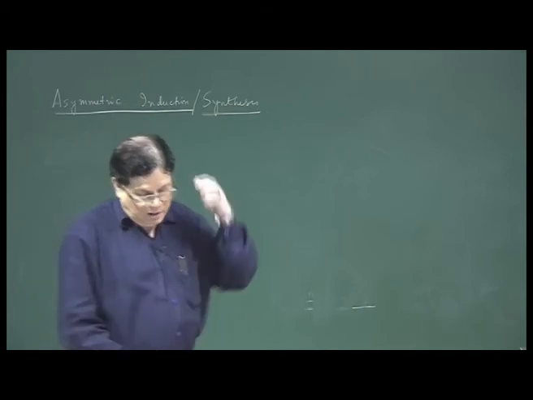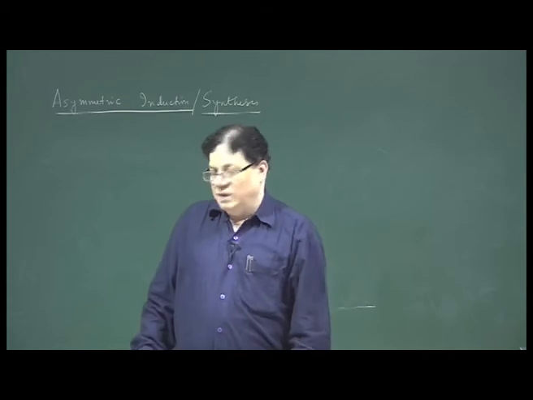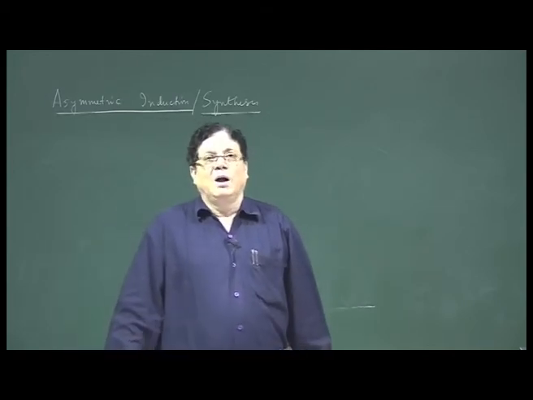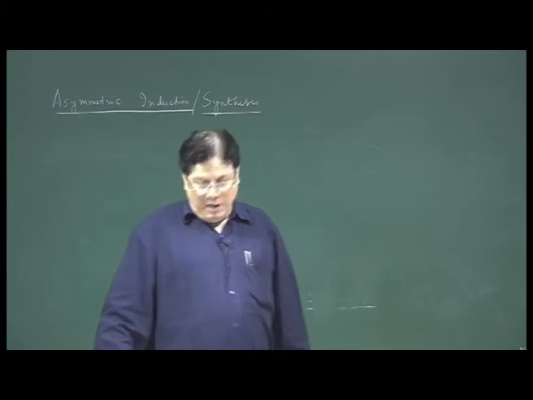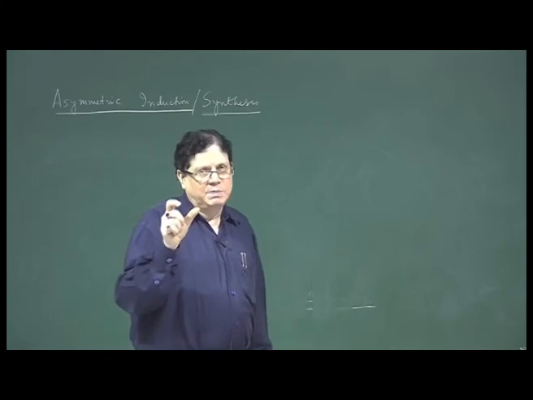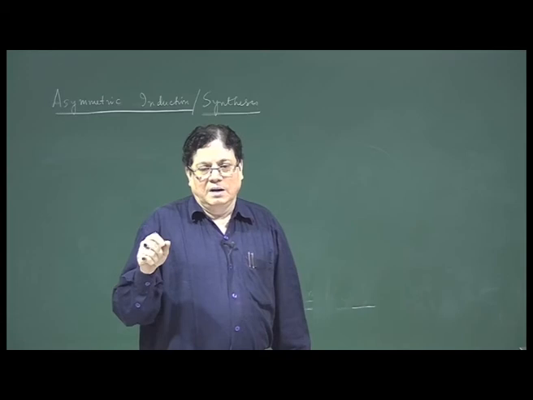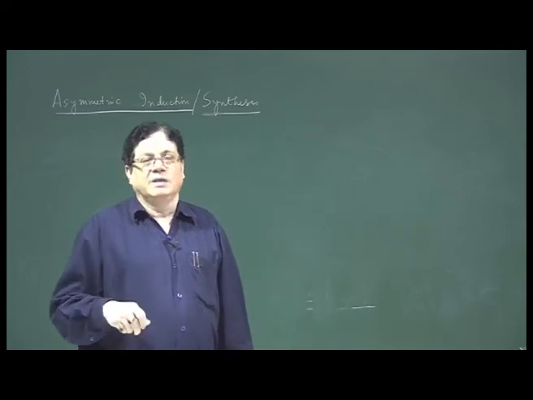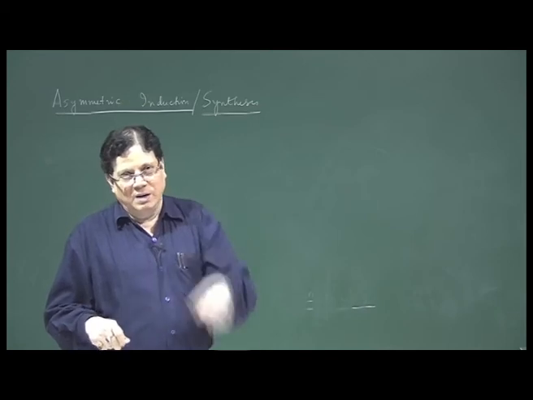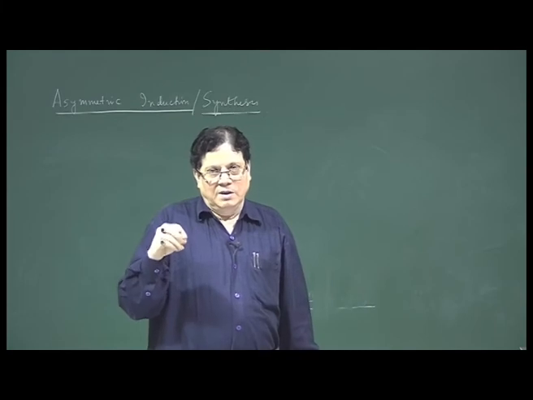Okay. So, we have seen how this asymmetric induction controls the stereochemistry of compounds. It is a very specific group of compounds where the carbonyl is present adjacent to a stereogenic center. This stereogenic center then induces asymmetry while the nucleophile is delivered onto the carbonyl.